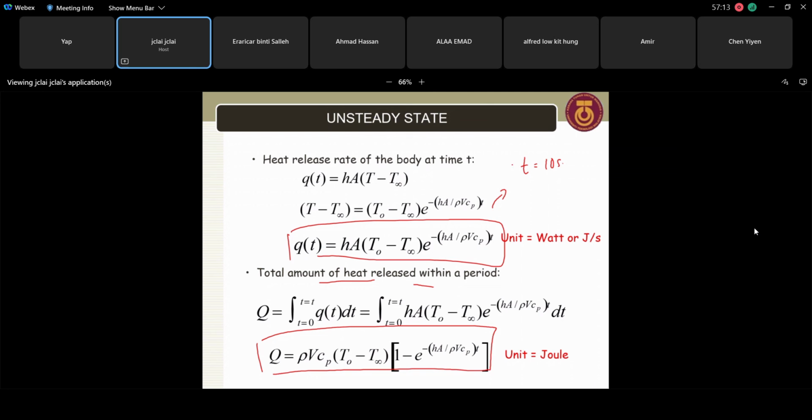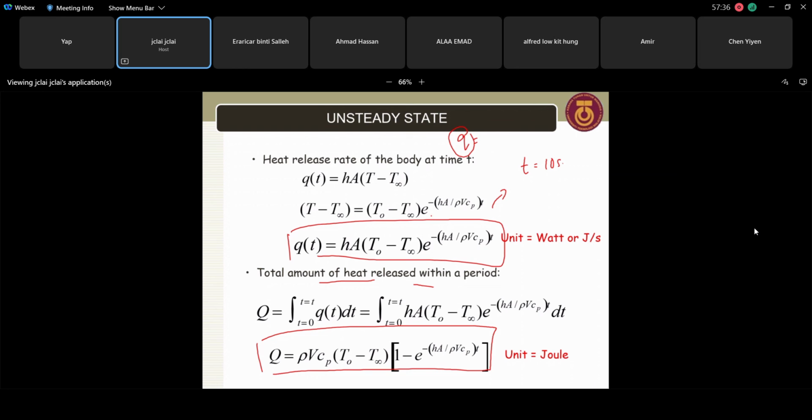Okay, because we know under transient temperature, the Q is no longer constant. But so far, before we entered into transient, the Q is constant because our assumption is the system is under steady state. So Q is constant over time.